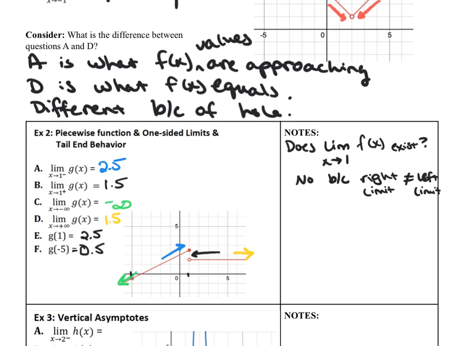When we look at A and B, we have two different values for our g of x function. All right. Let me know if you have any questions about that before we move on to the next example.